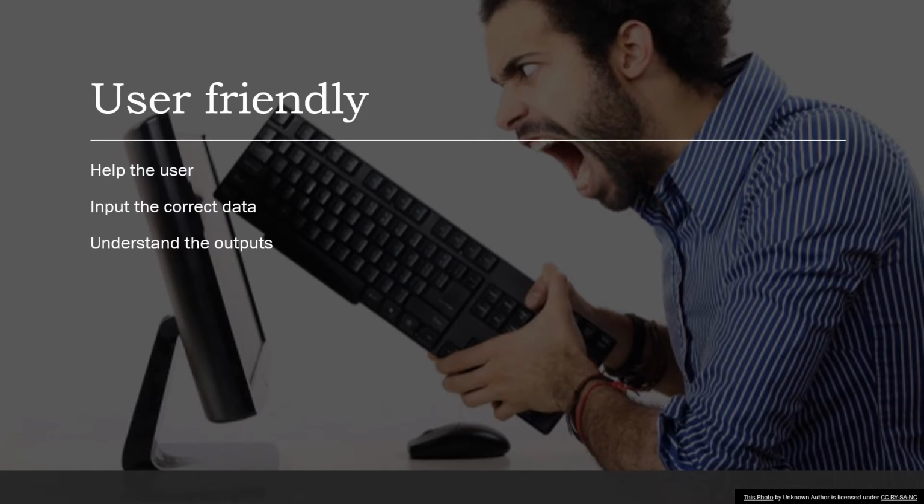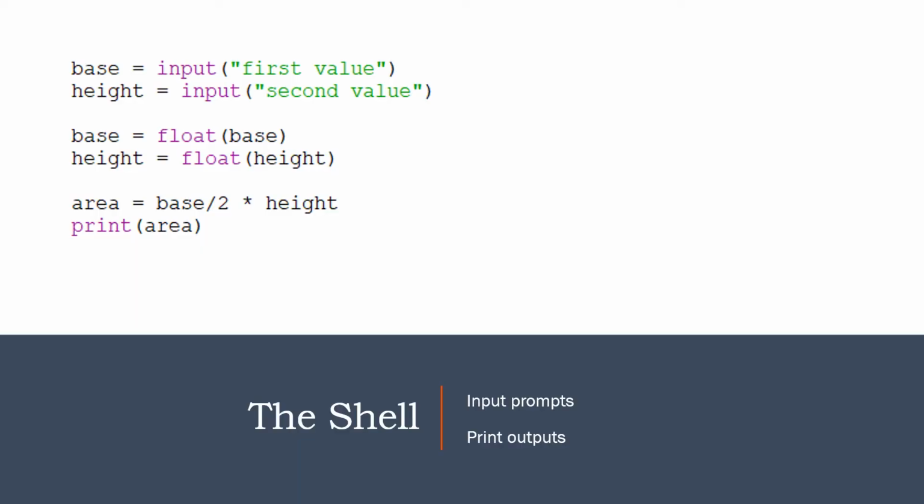If a program is user-friendly, both the inputs and the outputs are well designed to make it easy and pleasant for the user to use your program, unlike the gentleman in this picture. Here's an example of a program that works, but the person who wrote it hasn't thought much about making it user-friendly.